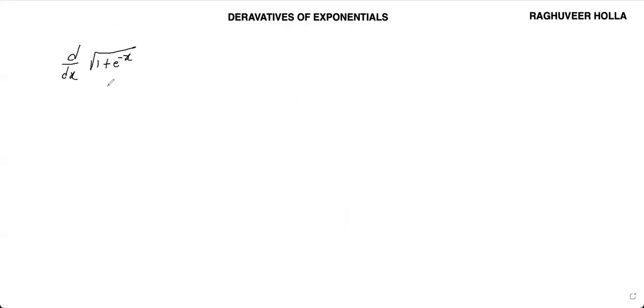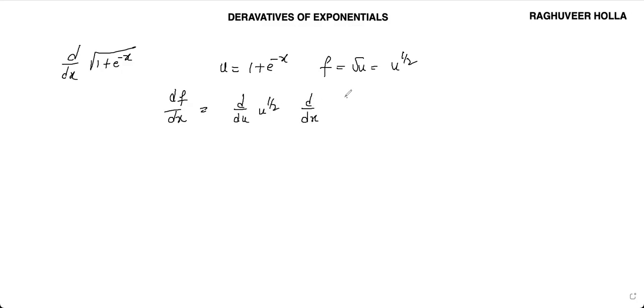Let us solve this by applying the chain rule here. So let us consider u is 1 plus e to the power of minus x, and f is root u, or u to the power of half. So df by dx is d by du of u to the power of half and d by dx of 1 plus e to the power of minus x.